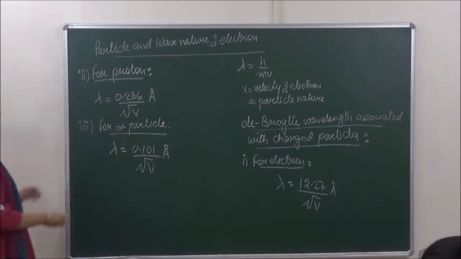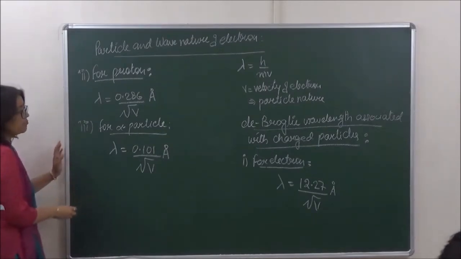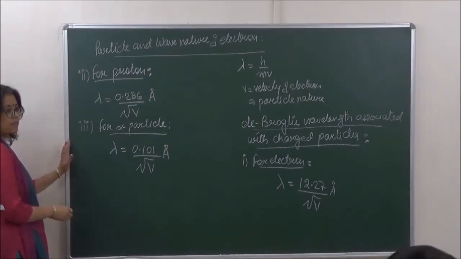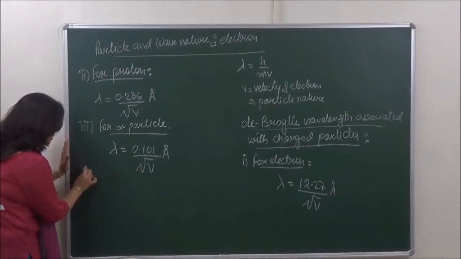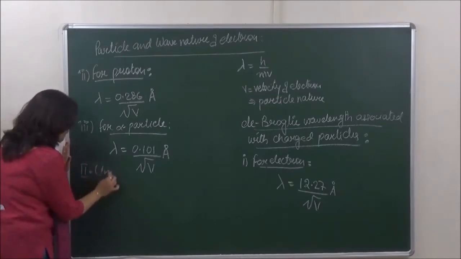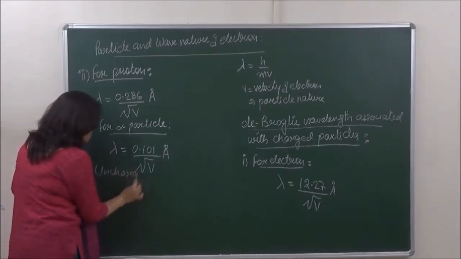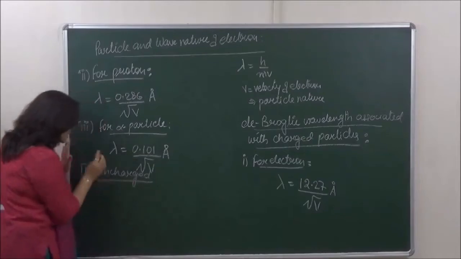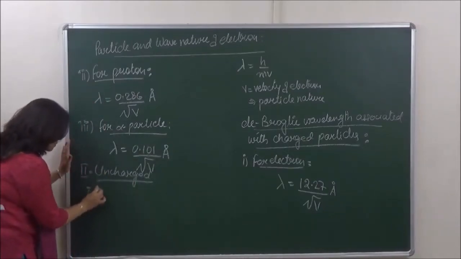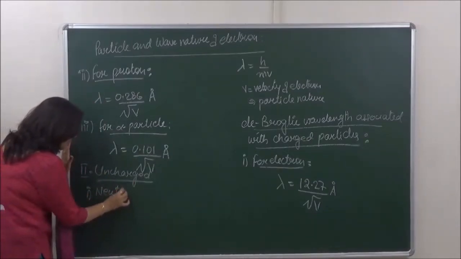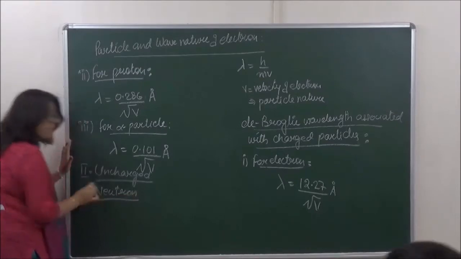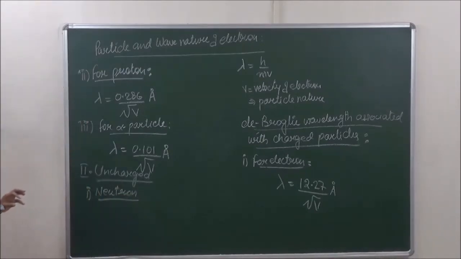Okay, then we calculate de Broglie wavelength for uncharged particles which do not have any charge. The uncharged particle may be a neutron which does not have any charge.